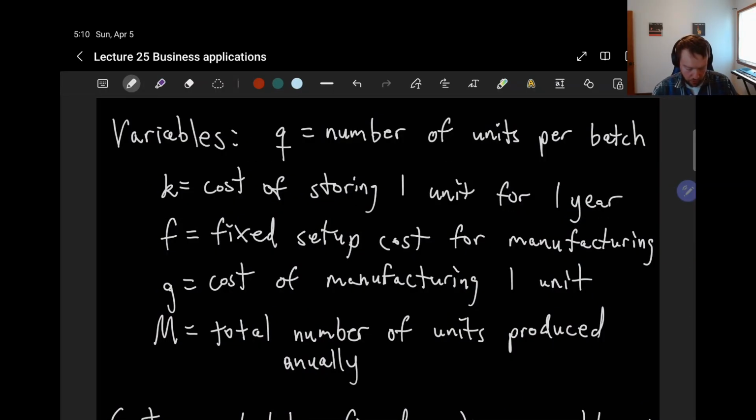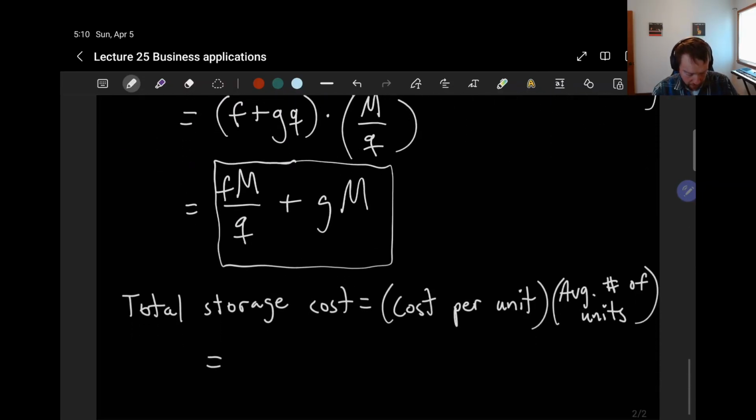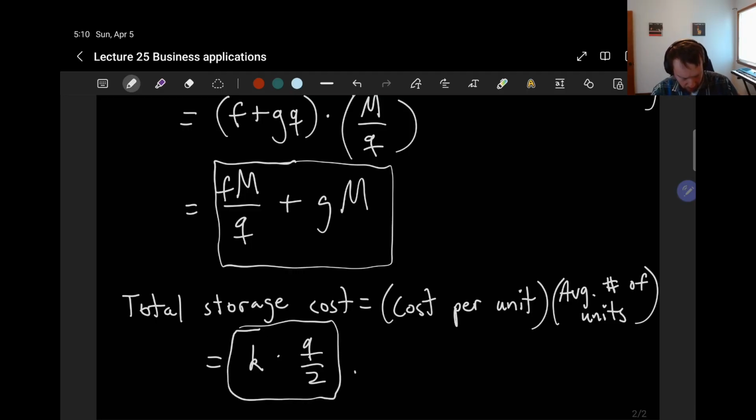So the cost of storing one unit over a year, that's K. And then the average number of units that are going to be in storage is Q over 2, the number of units that are in a batch divided by 2. We won't go too deep into that, but the book lays out why it's that specifically.